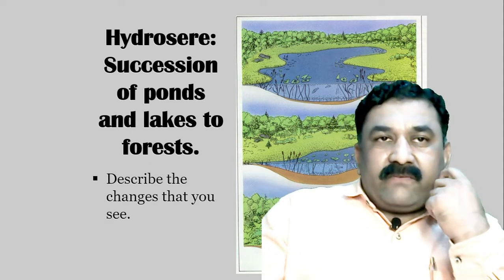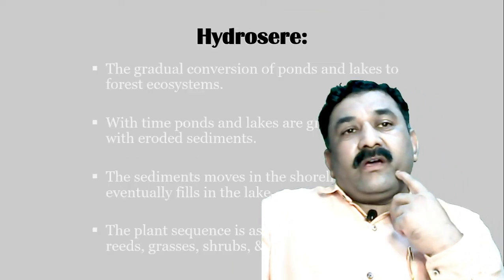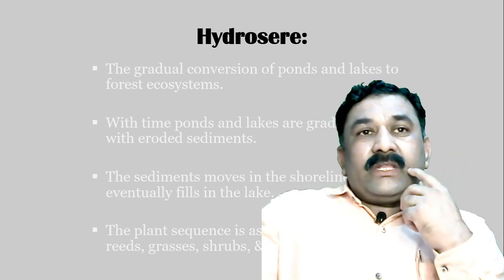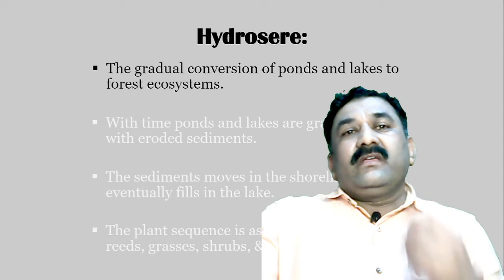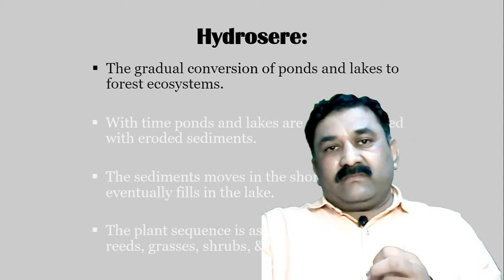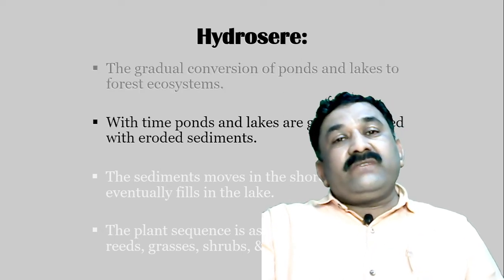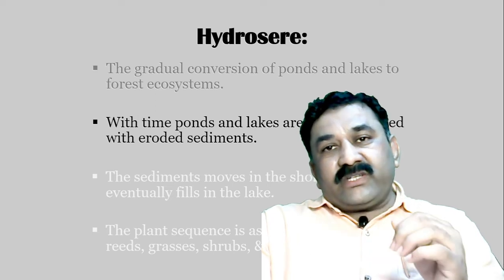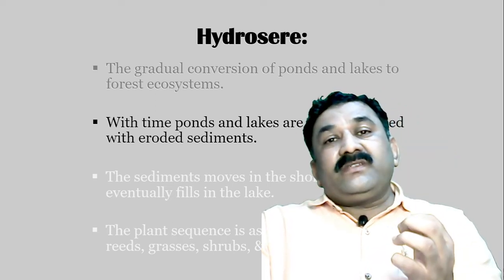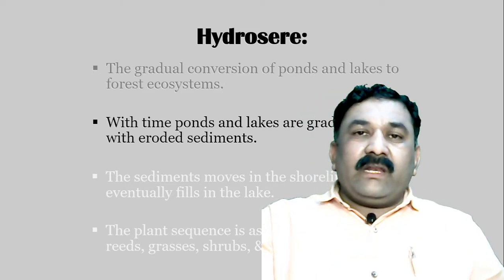So let me understand what the hydrosere is. Hydrosere is the development of the community on ponds or any water body. In the hydrosere, there is a gradual conversion of ponds, lakes or any water body into a forest ecosystem. This will be a gradual change, and it requires changes that provide the soil conditions in the particular lake.